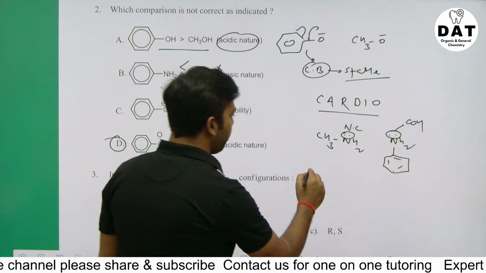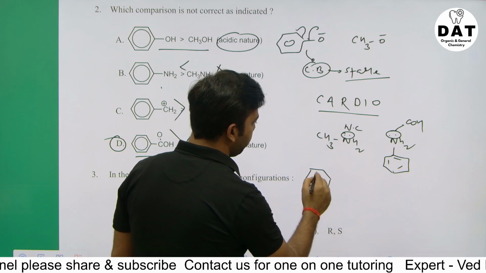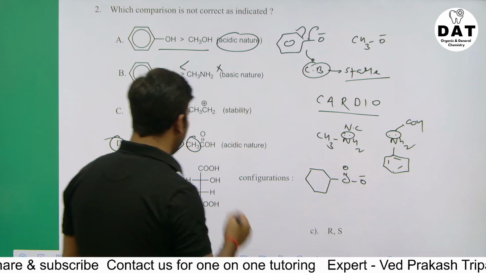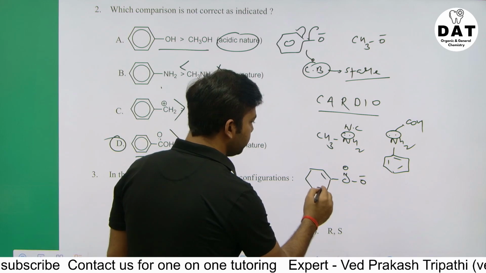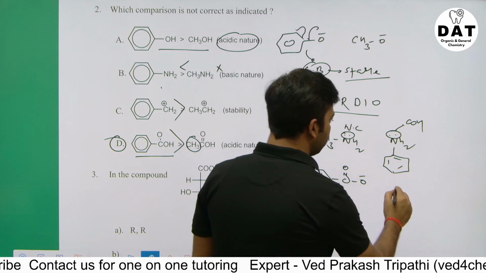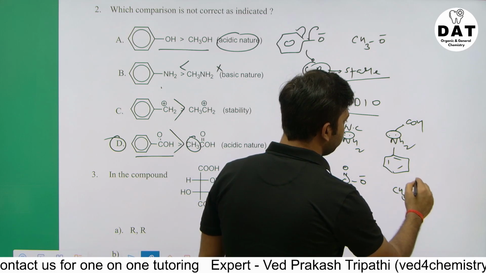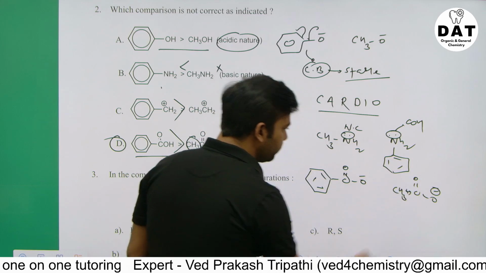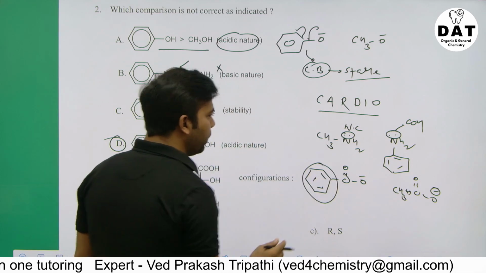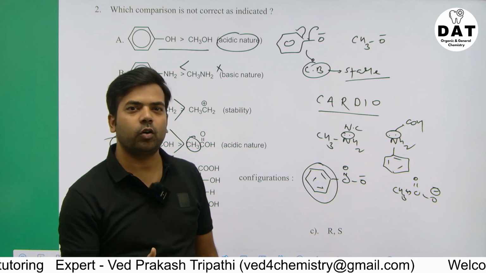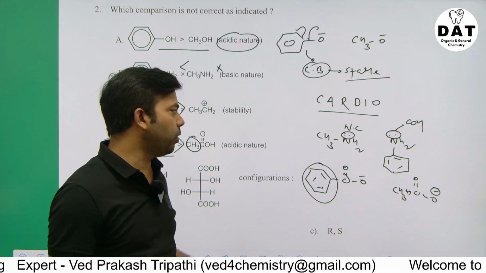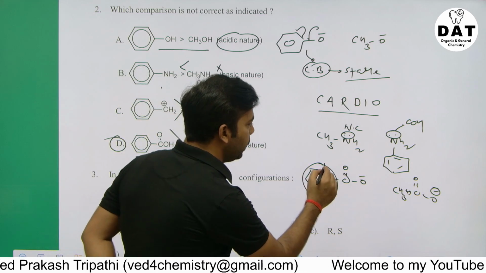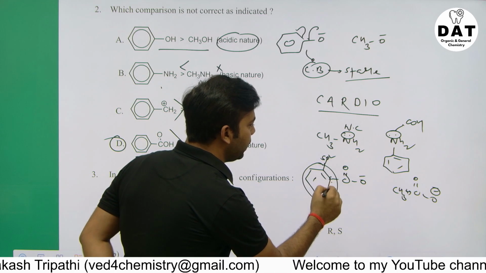Look here. If I remove a proton from the acid, it will be like this, and this is CH3COOH. Here you have a methyl donor, but this is not a donor. The benzene is like an electron withdrawing group. It will pull the electron from this carboxylate ion because this is an sp2 hybridized carbon, and sp2 hybridized carbons are electronegative in nature.